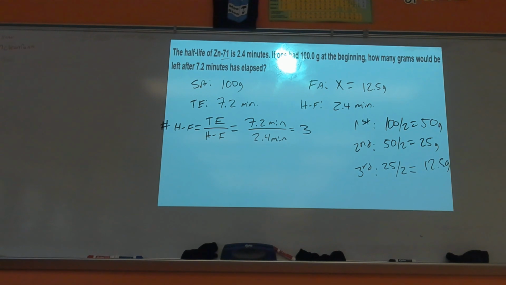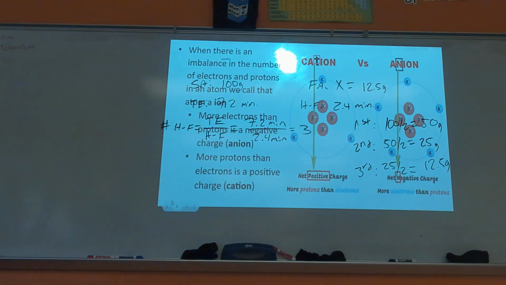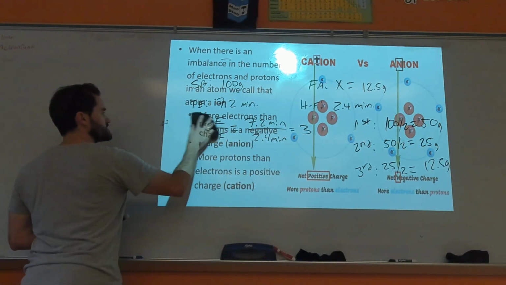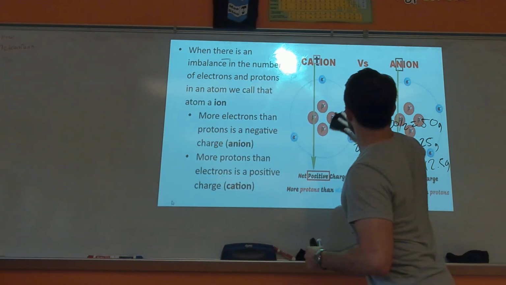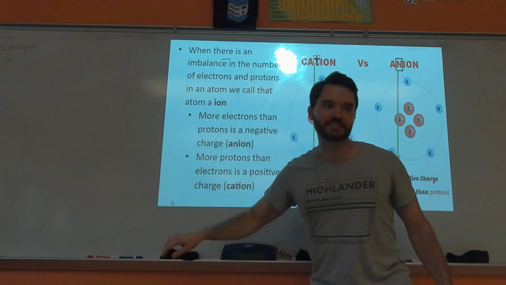All right, so let's get your notes out, and let me get my cursor over here. We're finding ions in atomic spectra. This is the lesson we skipped over, so it's the middle lesson. Find the slide that looks like this. It's got cation and anion. So everybody flip there, and once you're there, start filling in the blanks.